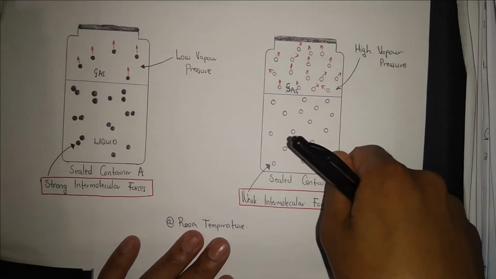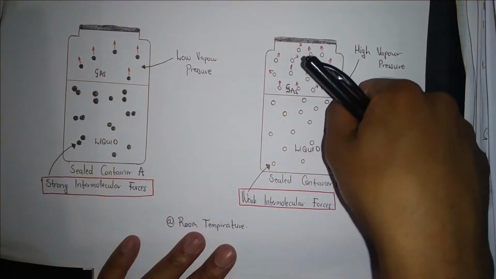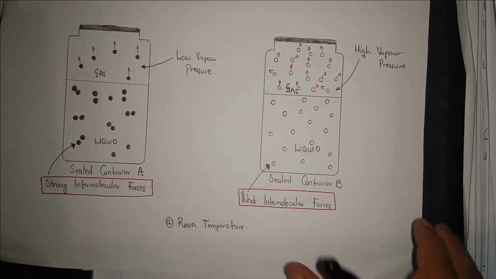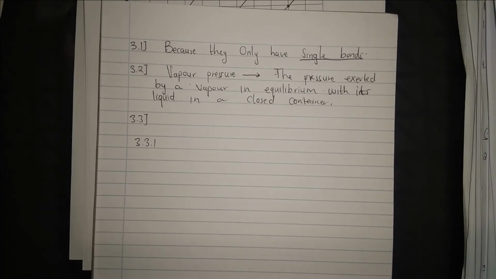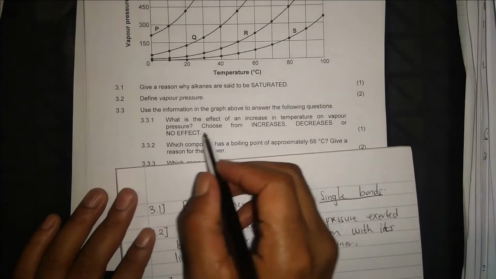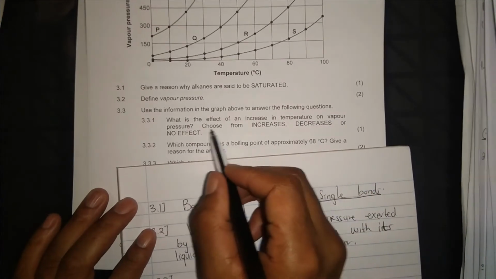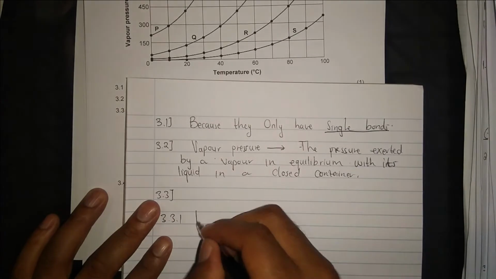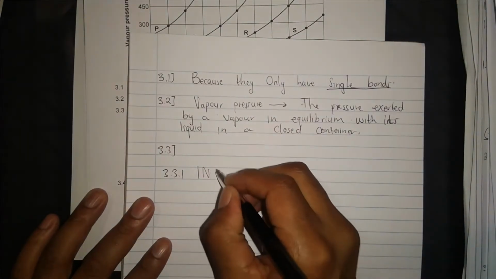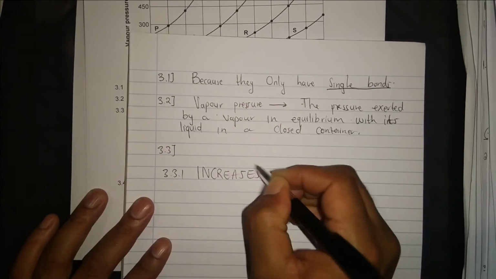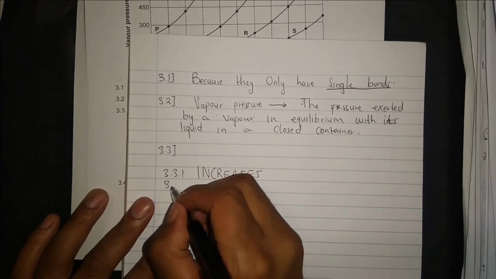So just a slight increase in temperature, the molecules are excited a lot and then evaporate, right? So for an increase in temperature, we have to choose from increases, decreases, or no effect. It increases the vapor pressure.